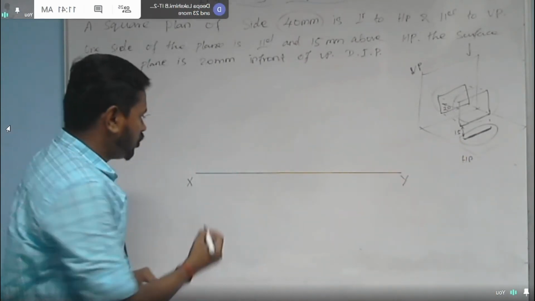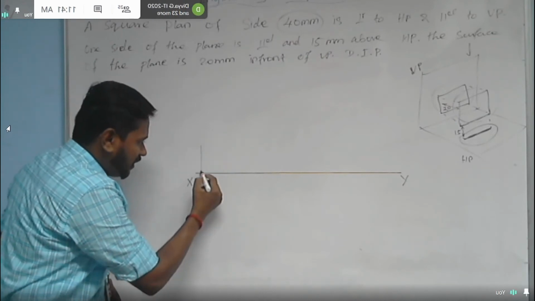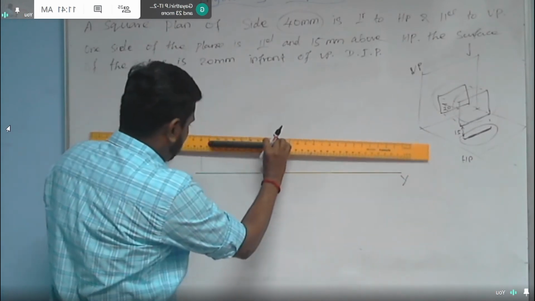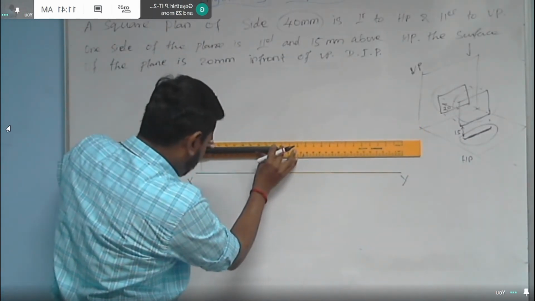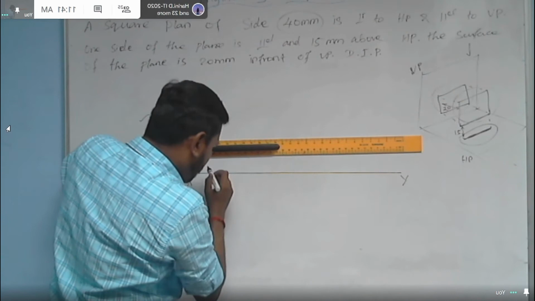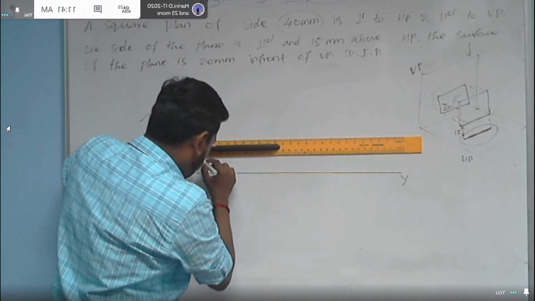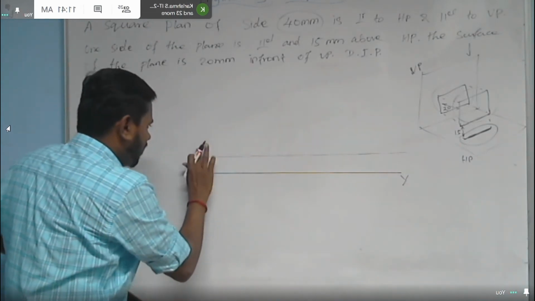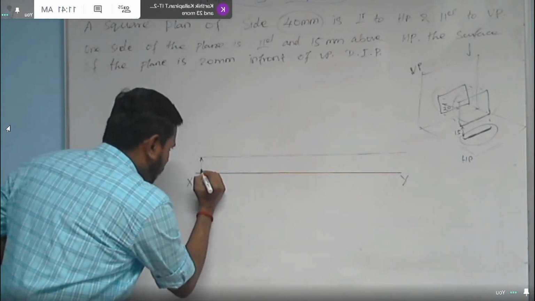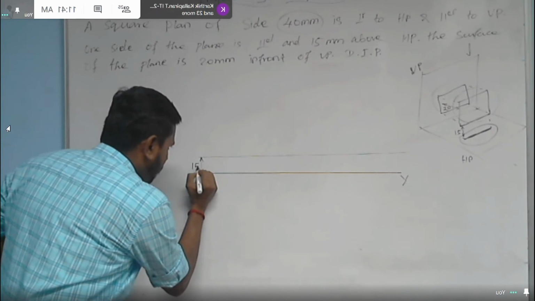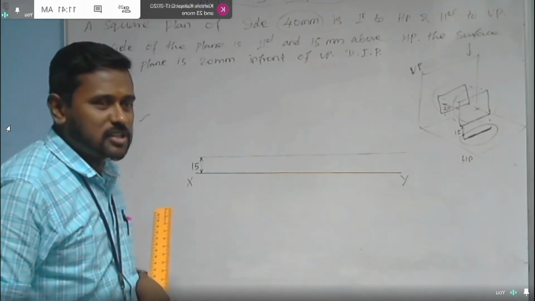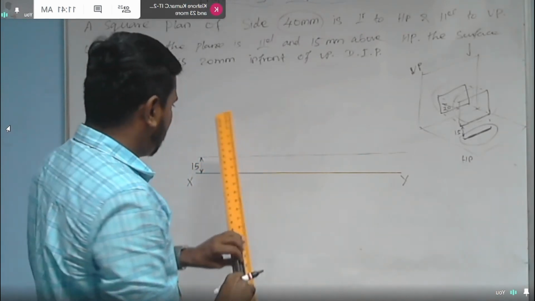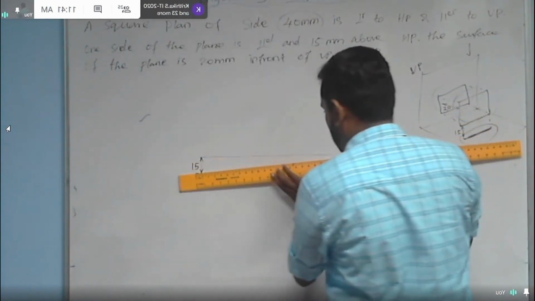So you need to aim 15 mm above XY. Just have a locus line which is 15 mm above XY, and then you can start to draw the square. The side of the square is 40 mm, with that dimension I can draw.